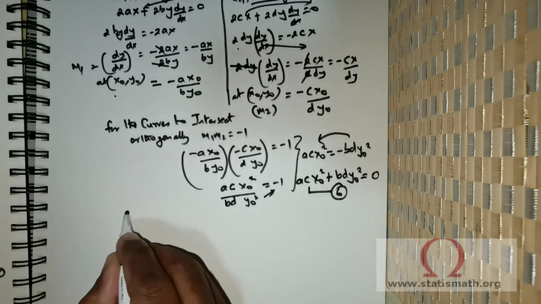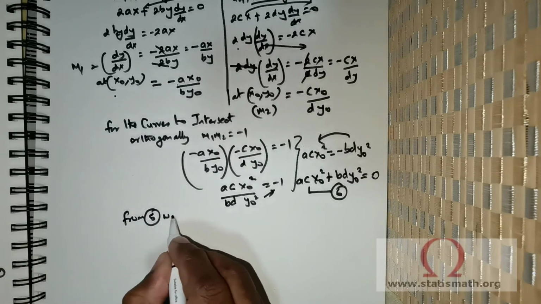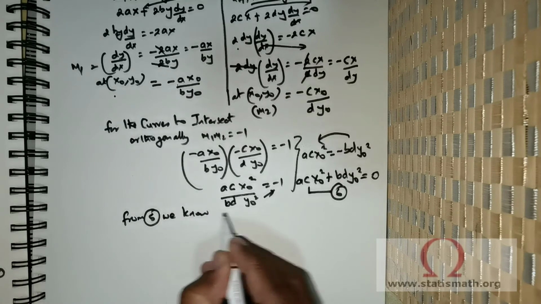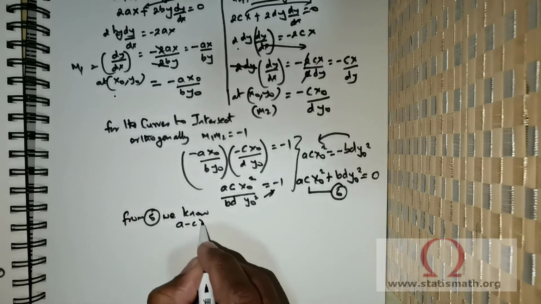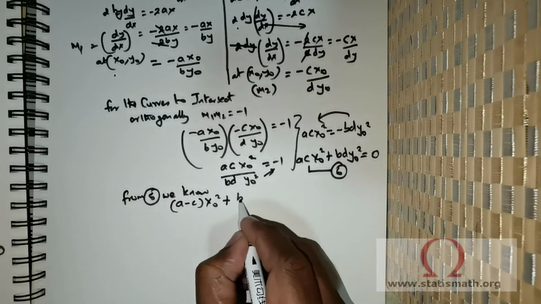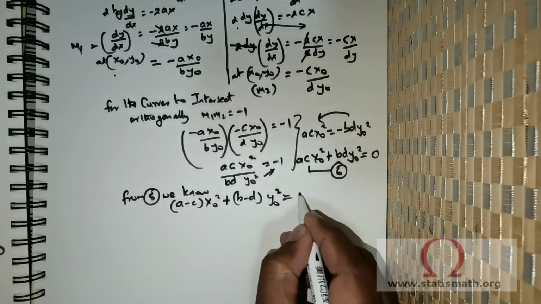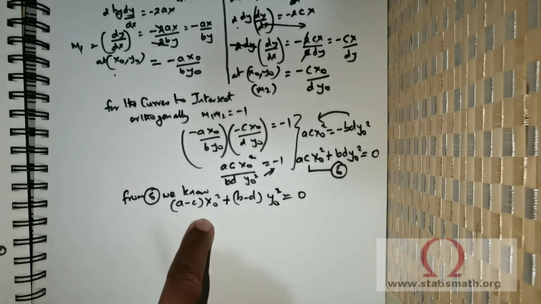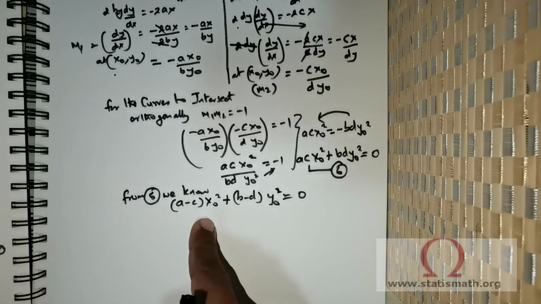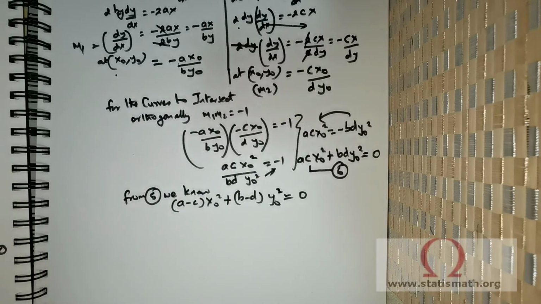Now we already know from 5 that a negative c times x0 squared positive b negative d times y0 squared is equal to 0. This is my equation number 5, and I have got equation number 6. So I'm going to be using 5 and 6 to get the solution.